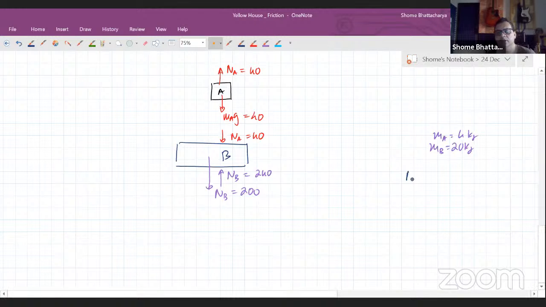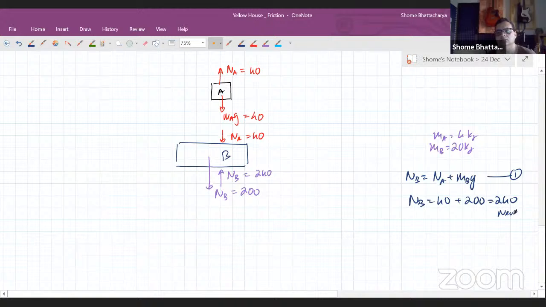You can see that NB will be equal to NA plus weight of B.